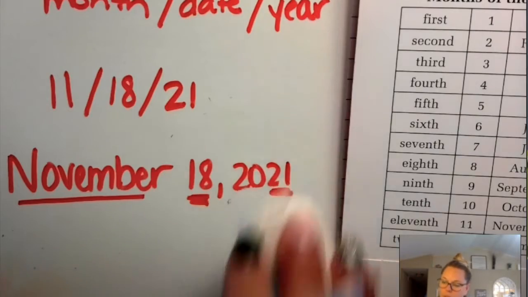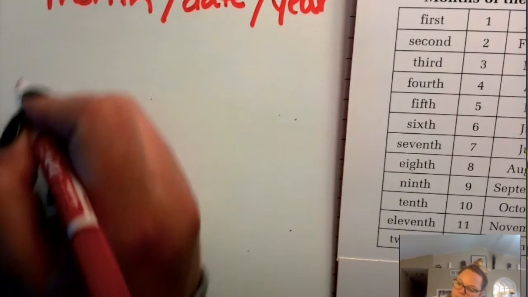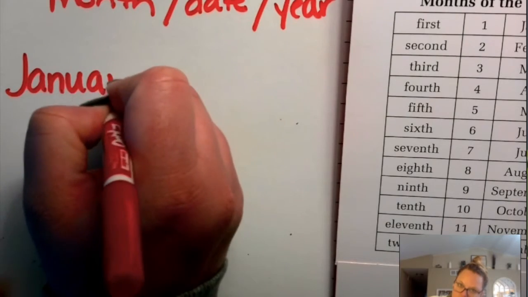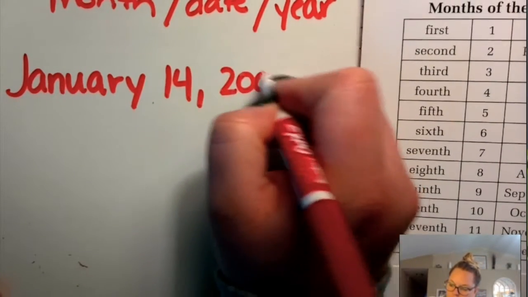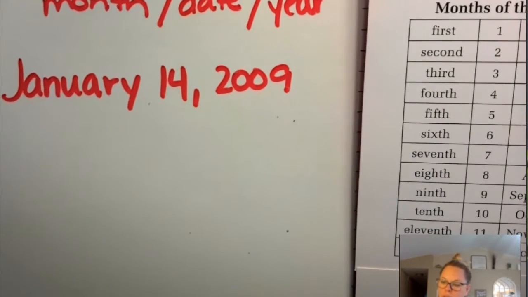Okay? Let's do some more practice like this. I hope you have a little bit of scratch paper so that you can be practicing this with me. Okay, let's do January 14th, 2009. First comes the month.